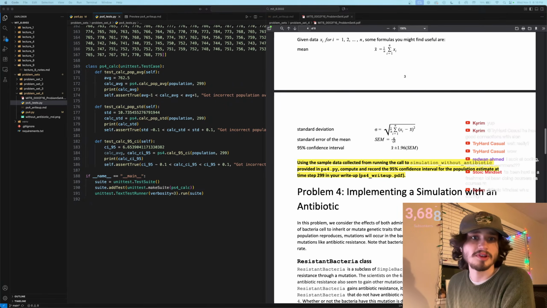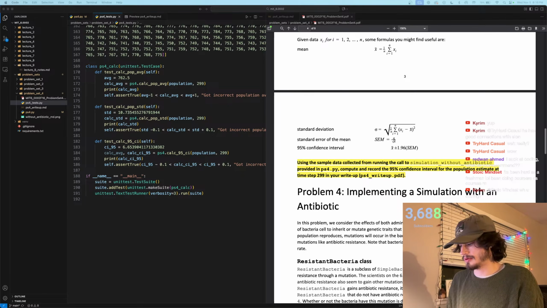Let me add some CSS to this. Dot body. Look at me, dude. And let's do background black. Okay.